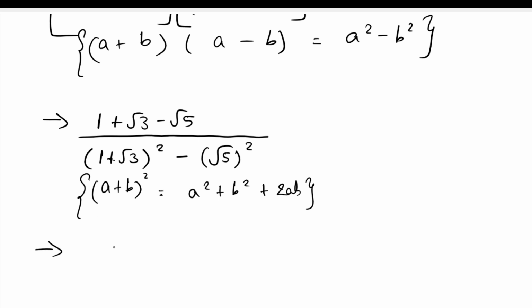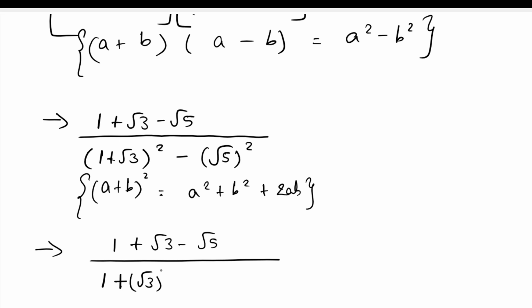So we'll get in the numerator 1 plus root 3 minus root 5 divided by, applying the formula of a plus b the whole square for 1 plus root 3 the whole square, we'll get a square, which is 1 square, plus b square, which is root 3 square, so root 3 square, plus 2 into a into b, so 2 into 1 into root 3, minus, here square root of 5 and square will get cancelled, so minus 5.